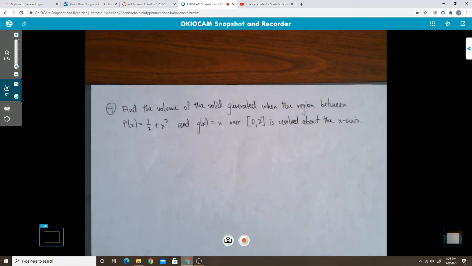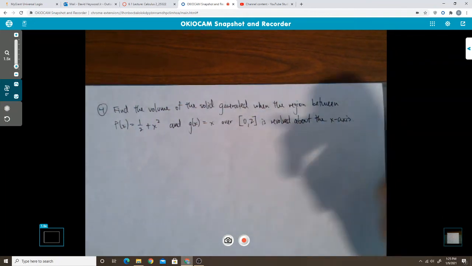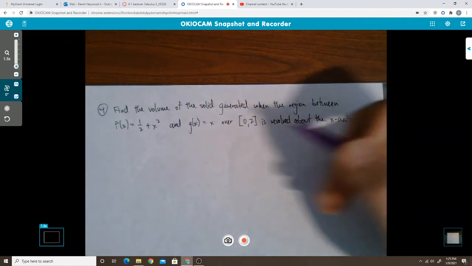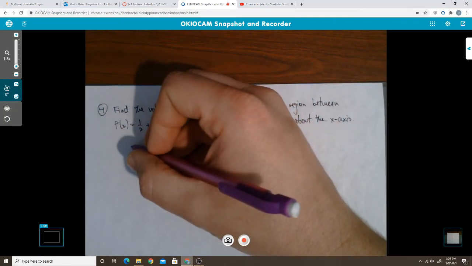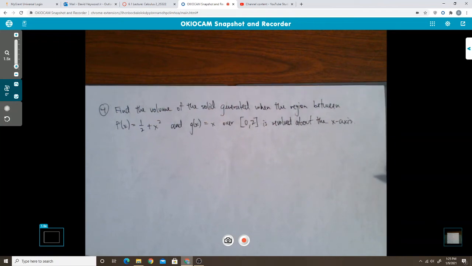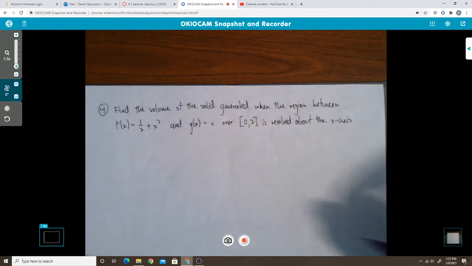So this first one says, find the volume of the solid generated when the region between f of x equals 1/2 plus x squared and g of x equals x over 0, 2 is revolved about the x-axis. Okay. Well, let's draw this thing. 1/2 plus x squared. How odd. Who chose this example?